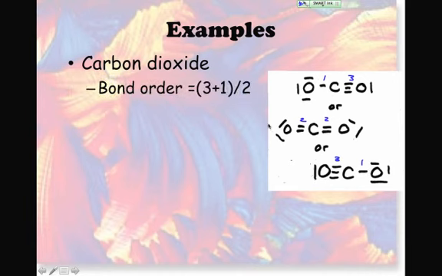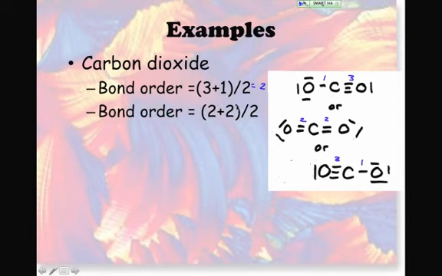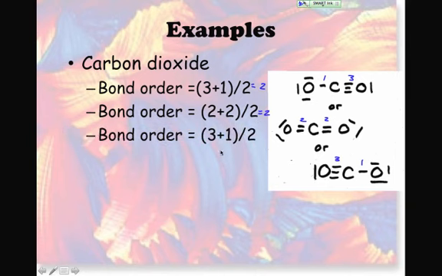The bond order is going to be the same. It's a triple bond plus a single bond divided by 2 bonding sites. That bond order is 2. Or in the second example, I have a double bond on either side, 2 plus 2 divided by 2. That's equal to 2.